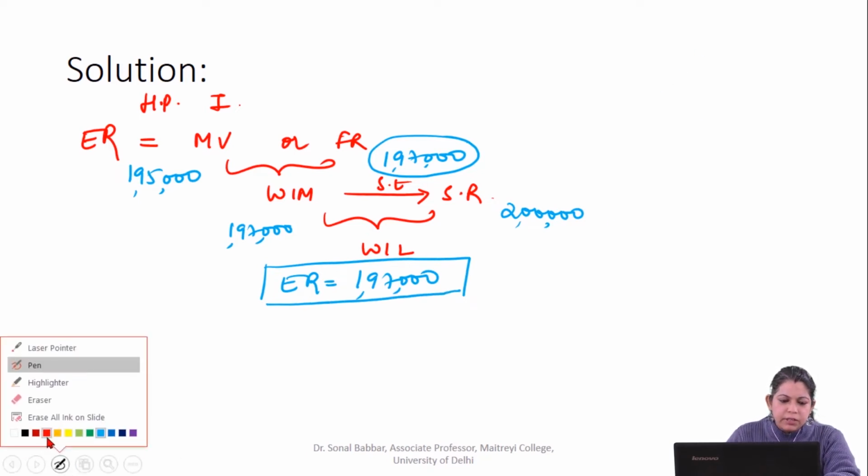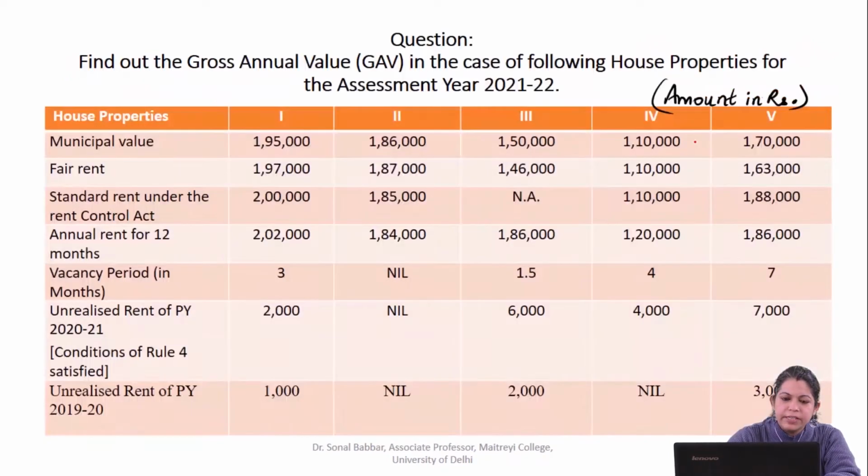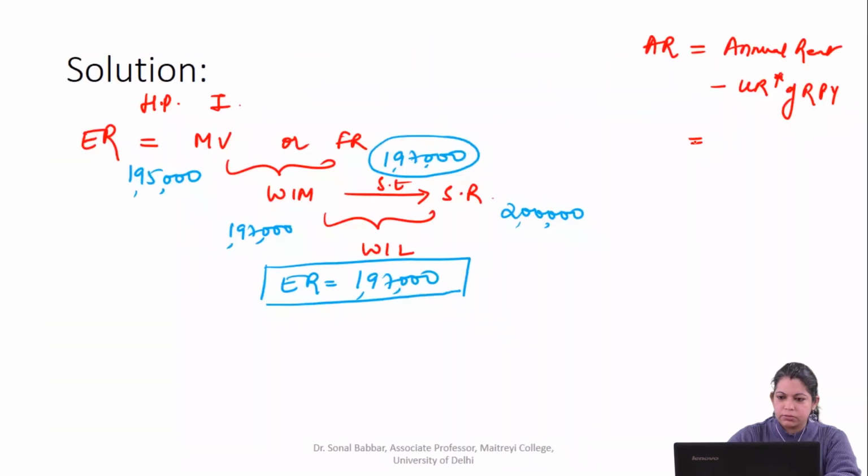Next, we compare it with actual rent. Actual rent is the annual rent minus unrealized rent provided the conditions are satisfied, and this unrealized rent must be of the relevant previous year. So annual rent is available, which is 2,02,000, and unrealized rent of the previous year 2021 is 2,000.